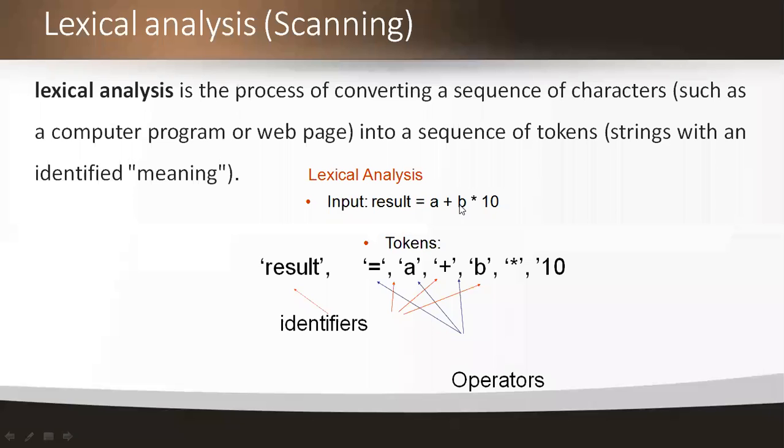Now the input program is scanned by the scanner. What I am going to do is convert this sequence of characters, in the sense result is a character, a is a character, b is a character, into a sequence of tokens. See here, result is converted into an identifier. The red arrows show the identifiers and the blue arrows show the operators. Here we are not converting the operators and the real number values. We are only converting the characters, the sequence of characters into a sequence of tokens.